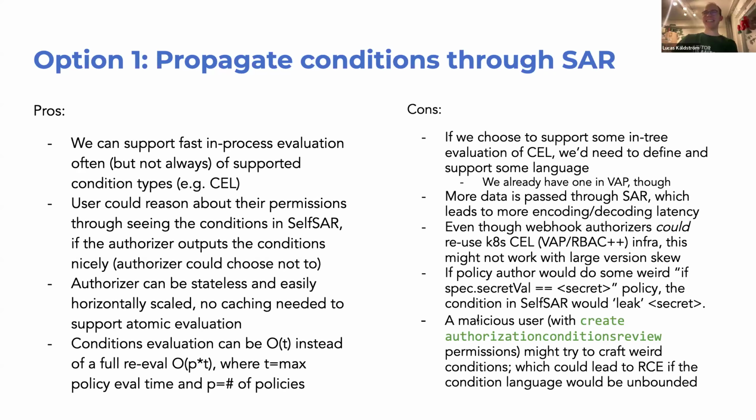Failure of imagination. Is it serious enough for us to consider some kind of action on the part of the authorizer where it declares the condition to be user visible?